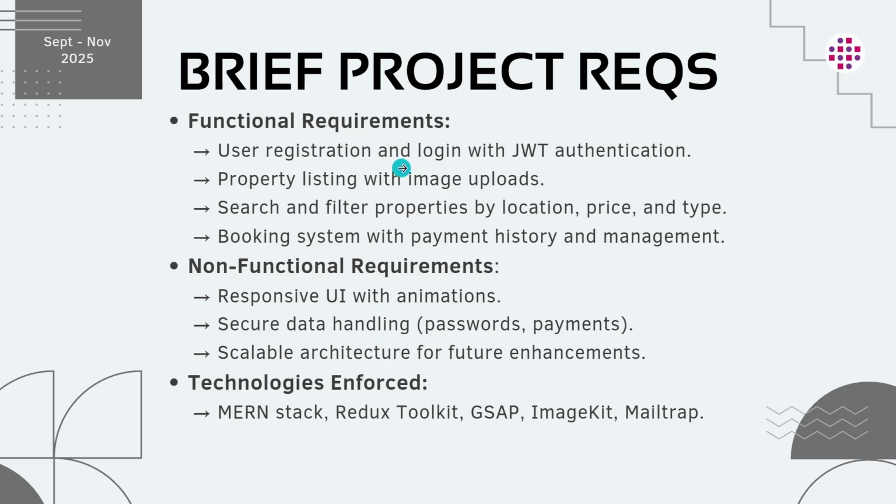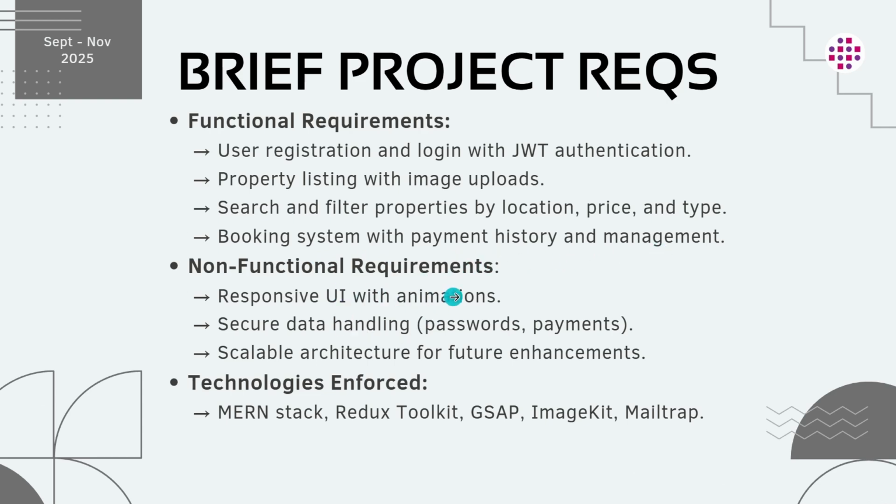You have to include a secondary service and add it in your project. So that was also a very crucial requirement of the project. Then there was searching and filtering properties by location, price, and type. This was also a very crucial feature. At last, booking systems with payment history and management.